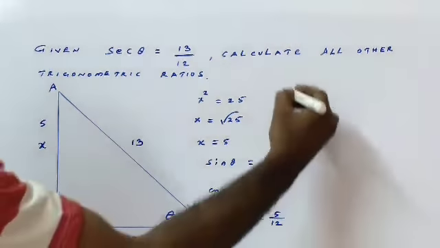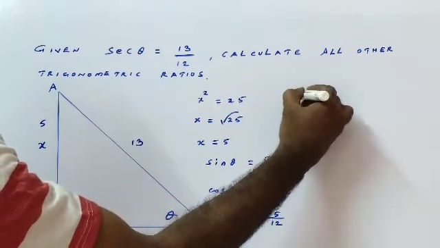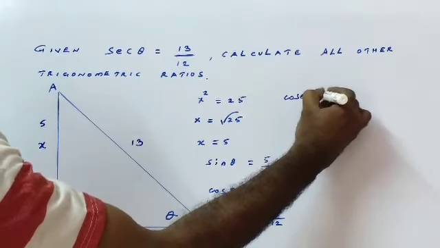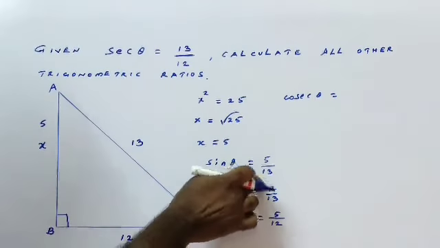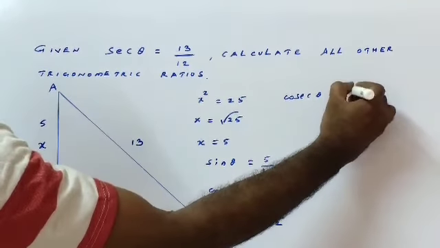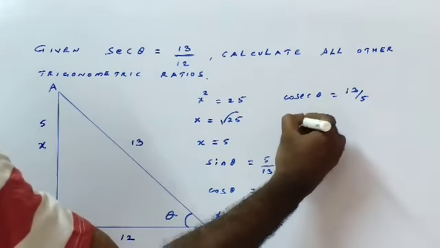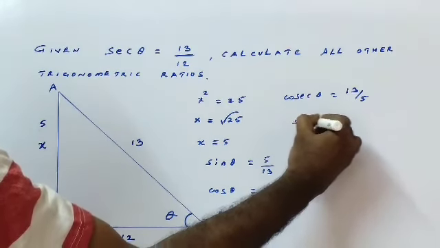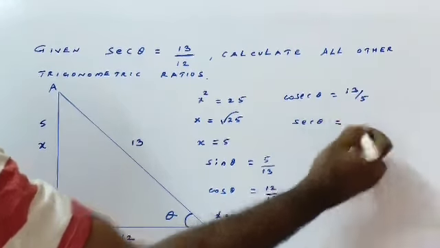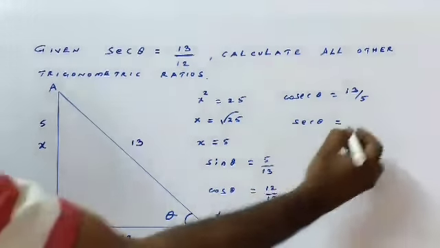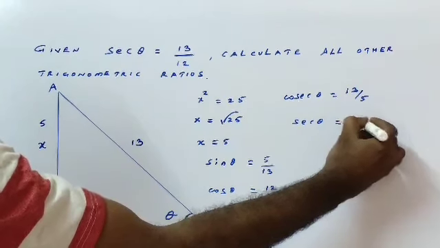Listen here. Cosecant theta. Simply you are going to reciprocal this value, that is 13 by 5. Now secant theta. Reciprocal of 12 by 13 gives 13 by 12.